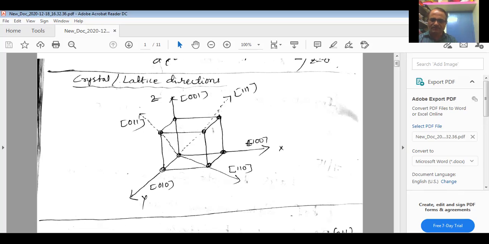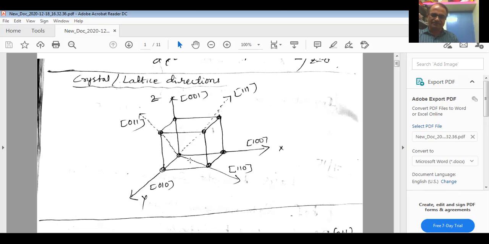Here 1 refers to the x coordinate, so that indicates that this direction is a 100 direction. Similarly, the y direction is referred to as the 010 direction, and the z direction becomes the 001 direction.